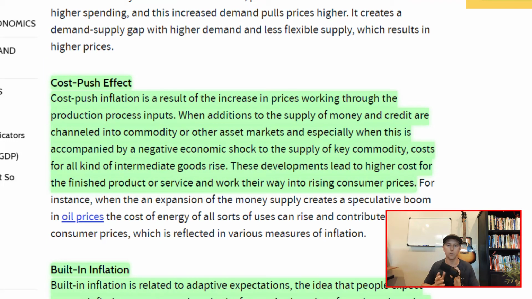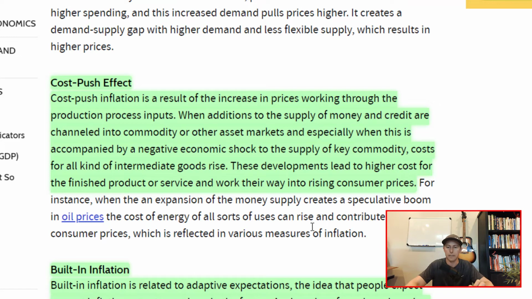All right, so now let's take a look at cost push inflation. Cost push inflation is the result of increased prices working through the production process inputs. When additions to the supply of money and credit are channeled into commodity or other asset markets, and especially when this is accompanied by a negative economic shock to the supply of key commodity, costs for all kinds of intermediate goods rise.